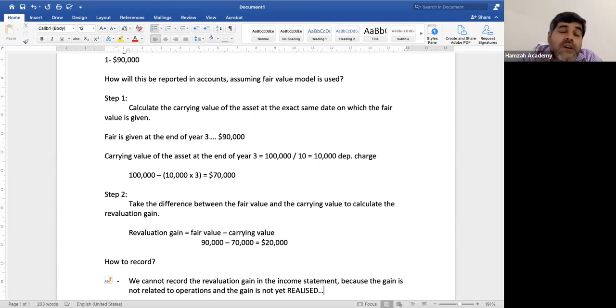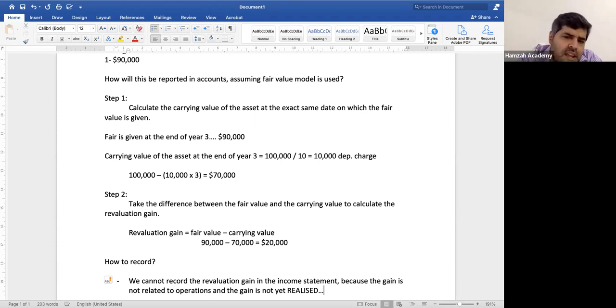Now its worth is 120 in the market. You have made a gain of 20 on your house, but you have not yet realized the gain. I mean, you don't have that 20 in your pocket right now. You have not realized it yet.